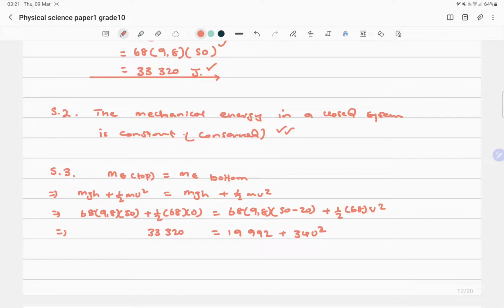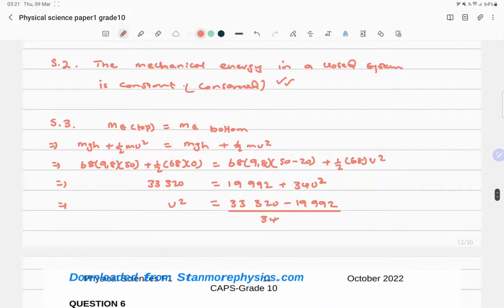Okay, easy stuff. So this implies that our v squared is going to be that value here, 33,320 minus this 19,992. All of that divide by 34. Actually, let's not even waste time. But I mean, you know that here you're going to have to take the square root. Okay, maybe let's just show it.